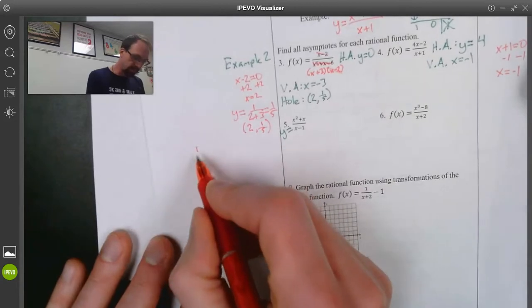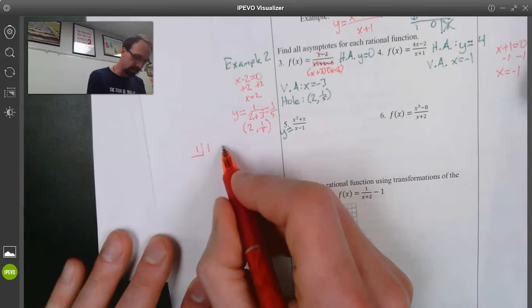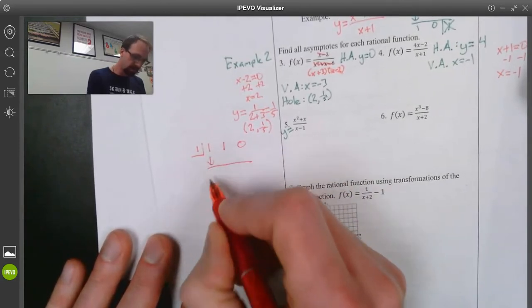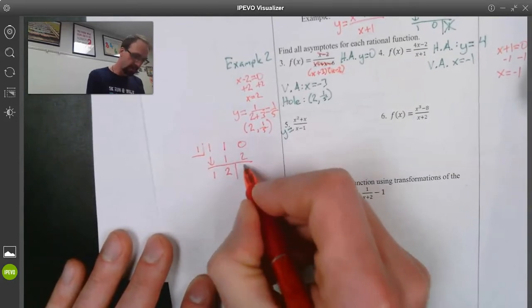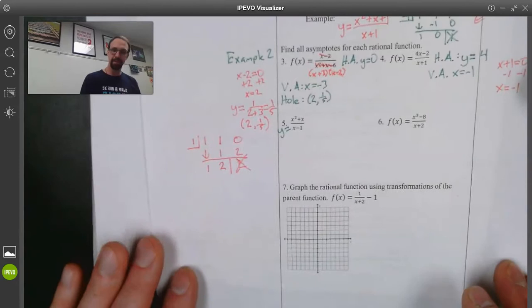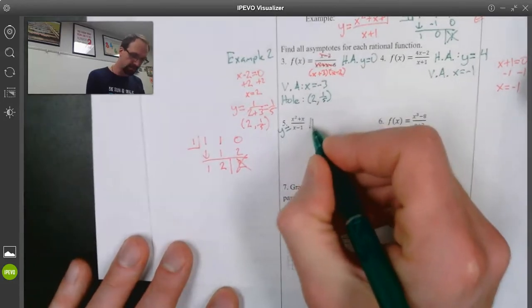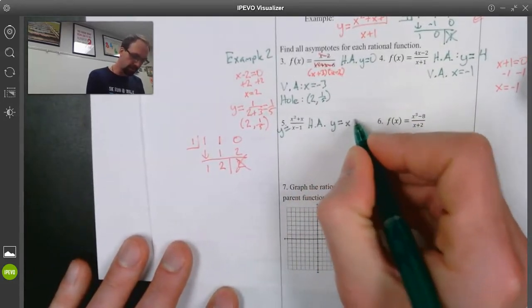So I have synthetic division, 1 for x squared, 1, and then 0. Bring down 1, 1, 2, and then I disregard my remainder. So my horizontal asymptote, or in this case my slant asymptote, for this particular problem is going to be y equals x plus 2.